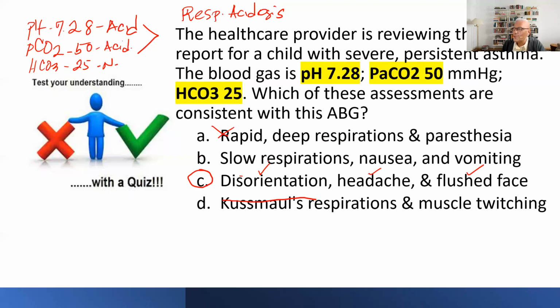And then, of course, the slow respirations is going to be incorrect as well because in acidosis, there's going to be an increased effort in patients to blow off this carbon dioxide, but not in the pattern that we have seen in Kussmaul's respirations. Okay, so Kussmaul's respirations is only associated with diabetic ketoacidosis. So the correct answer is letter C.